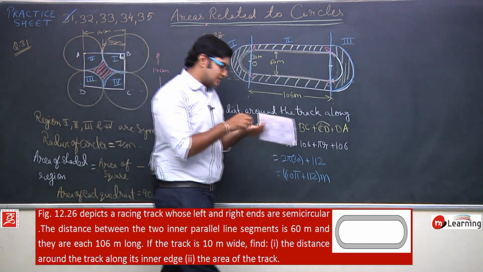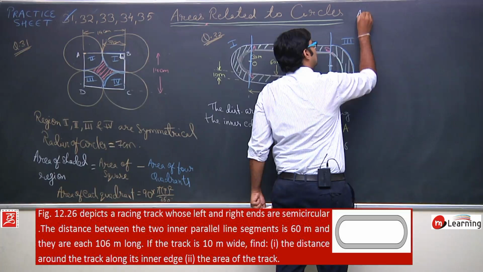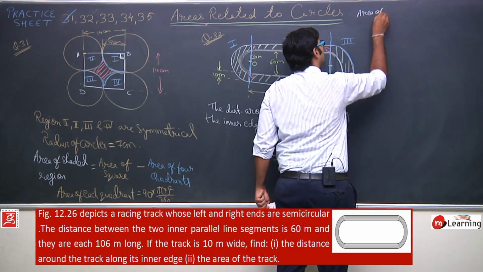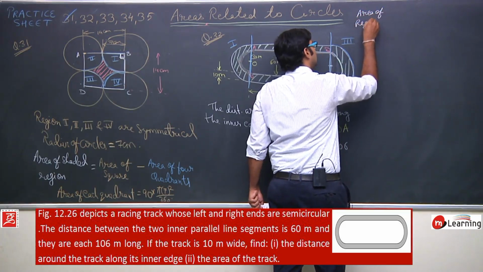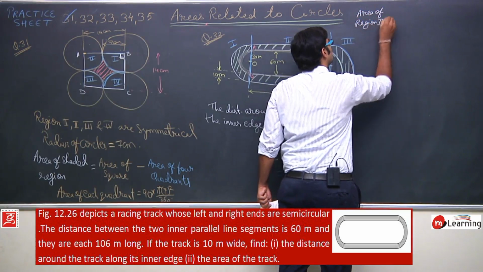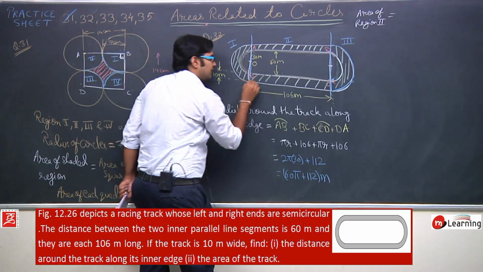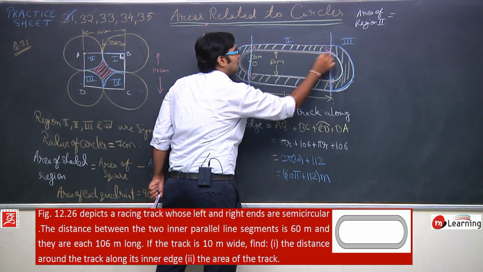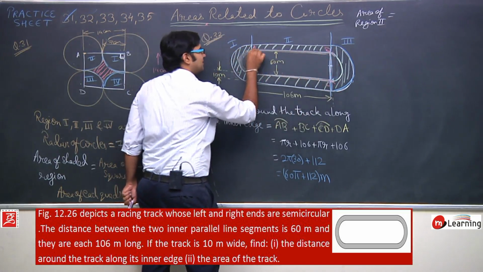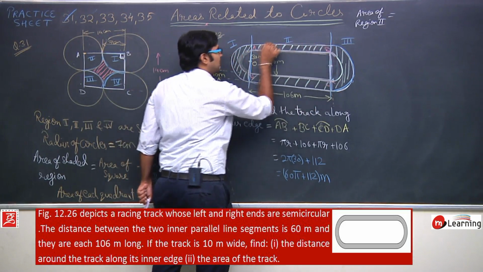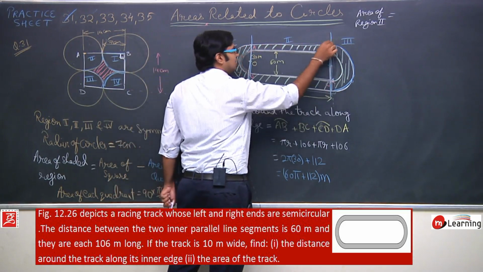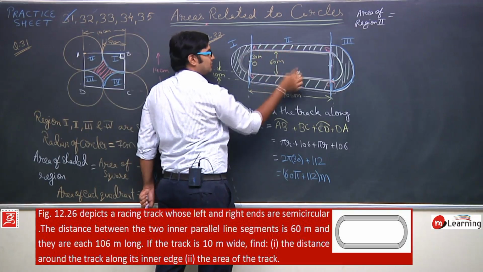So the area of region 2, it will be equal to what? It will be equal to, if I subtract this smaller rectangle from the area of the bigger rectangle, I will get this area.